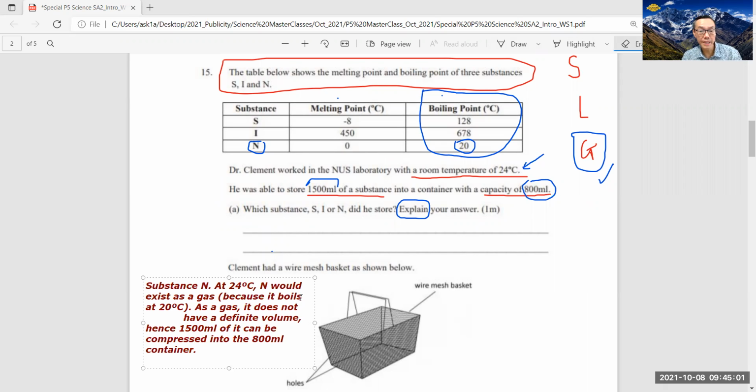Okay, so substance N at 24 degrees Celsius, it would exist as a gas because it boils at this. As a gas, it does not have a definite volume. Hence, 1,500 ml of it can be compressed into the 800 ml container. So I've sent this to you. You all can take note of this.